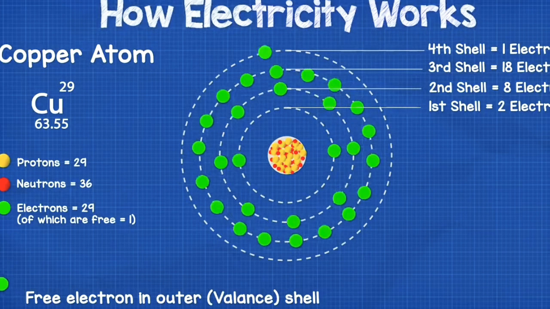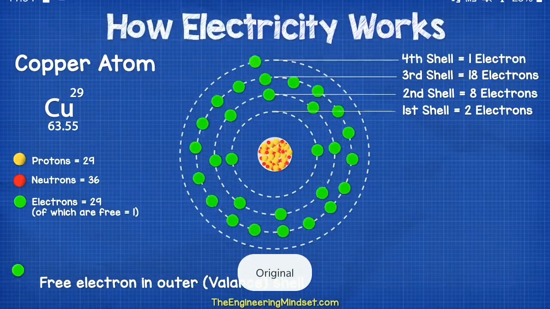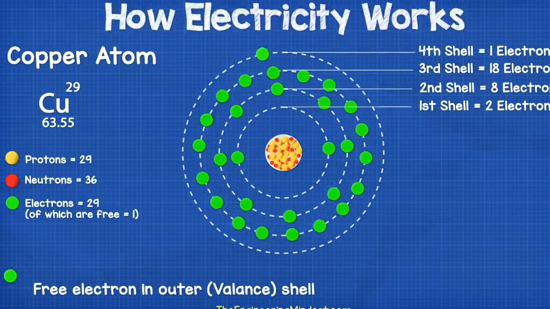For a copper atom, the first orbit can accommodate 2 electrons, second one 8, third 18, which totals 28, and the remaining 1 electron will be in the fourth orbit, and this electron which is in the fourth orbit we call a free electron. This free electron is responsible for the flow of current.